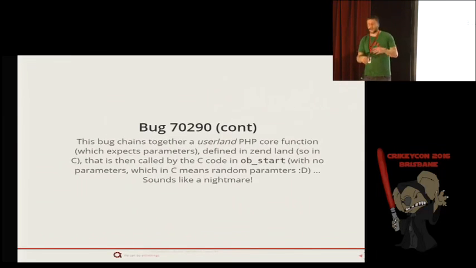But the problem is that you're using a userland function, which is then calling the C-level stuff, and the C function is expecting parameters, but you're not passing parameters, so hey, it just makes up random parameters. And it was a bit of a nightmare debugging, but I found it.